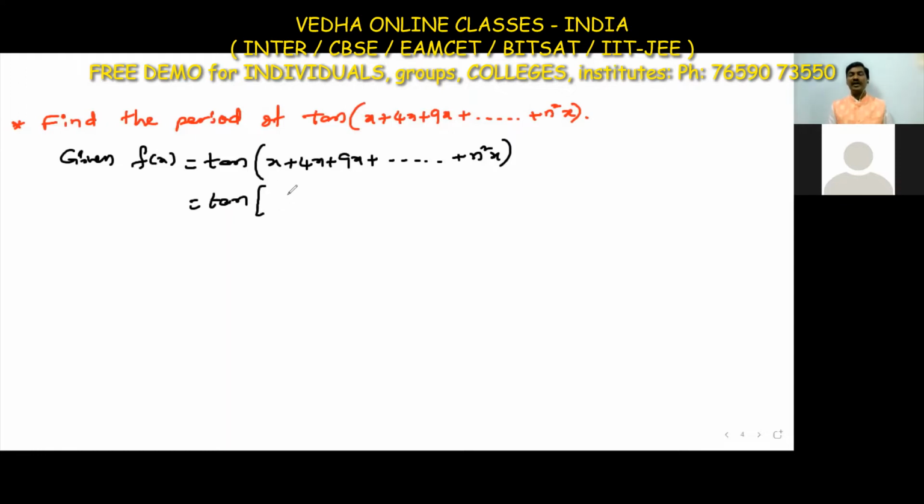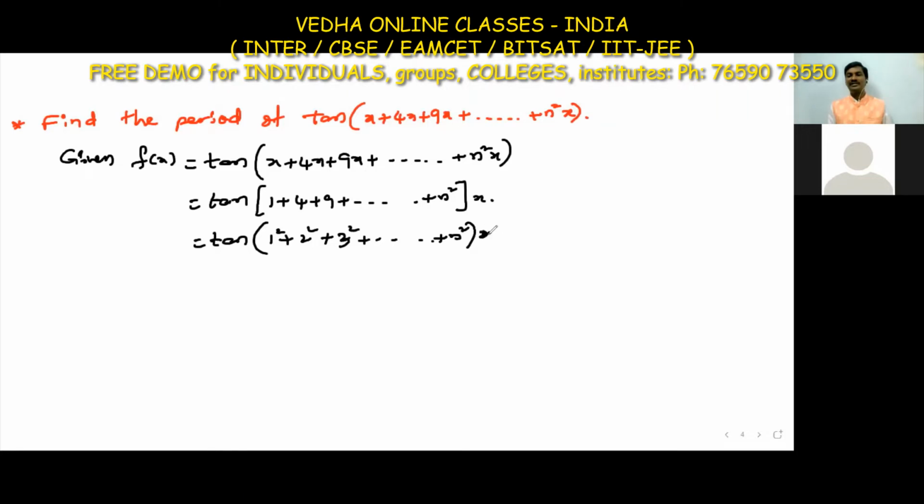I am taking x common. If you take x common, it is tan of 1 plus 4 plus 9 and so on plus n square, into x. Here I am writing 1 as 1 square, 4 as 2 square, 9 as 3 square, and so on up to n square.